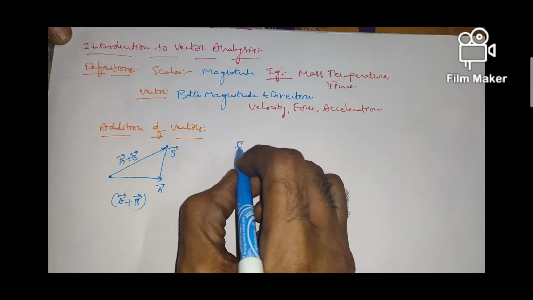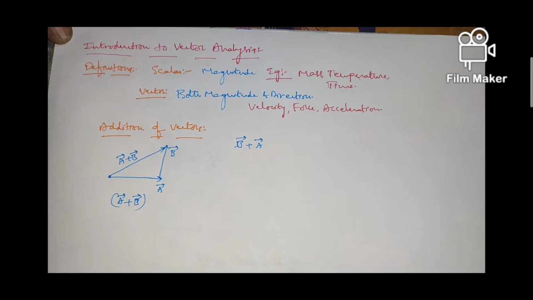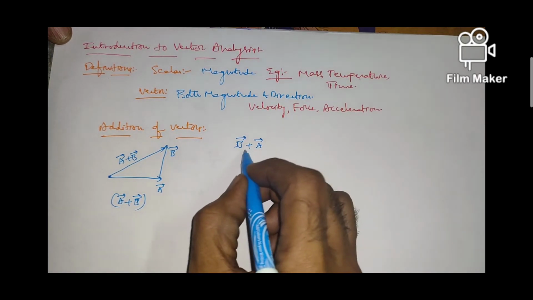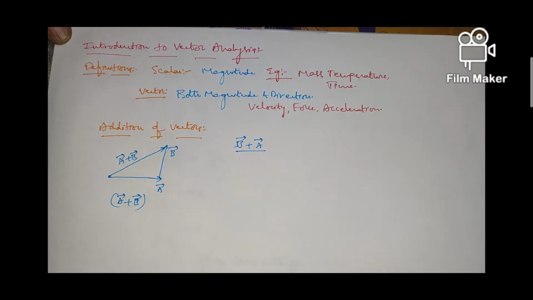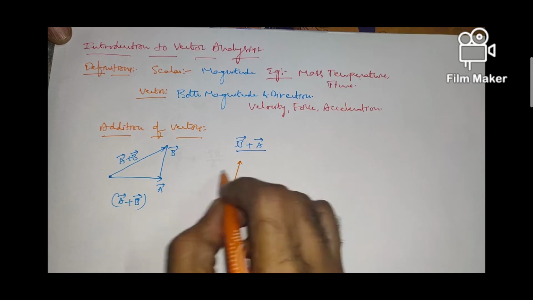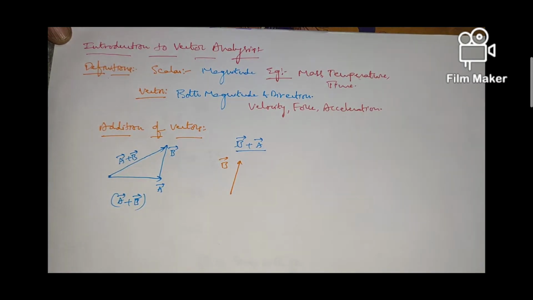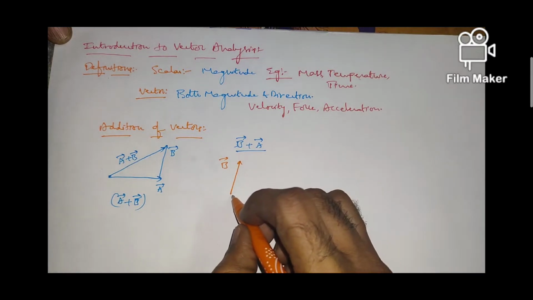Next we find out b bar plus a bar. For that, first let us draw the vector b bar parallel to the previous vector, and therefrom extend a bar.